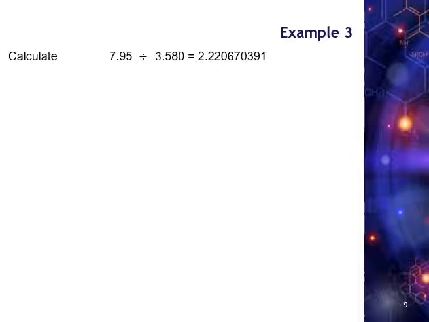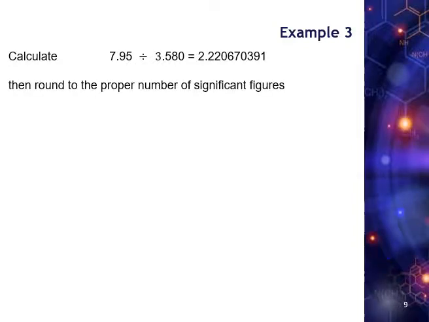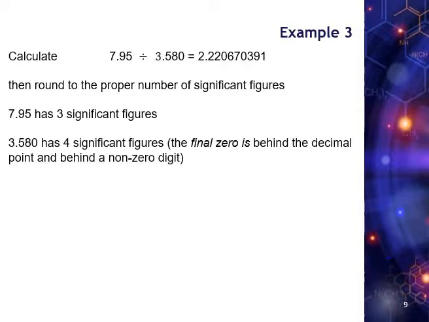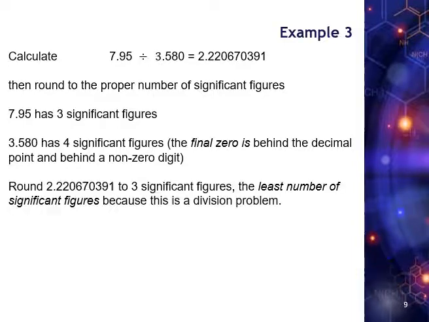Example 3. Calculate 7.95 divided by 3.580, which is equal to 2.220670391 on the calculator, which makes no sense. So we're going to round to the proper number of significant figures. 7.95 has 3 significant figures. 3.580 has 4 significant figures. The final 0 is behind the decimal point and behind a non-zero digit, so it is significant.